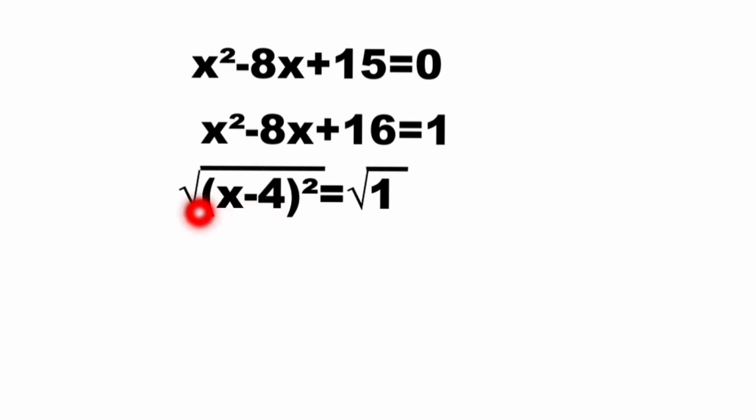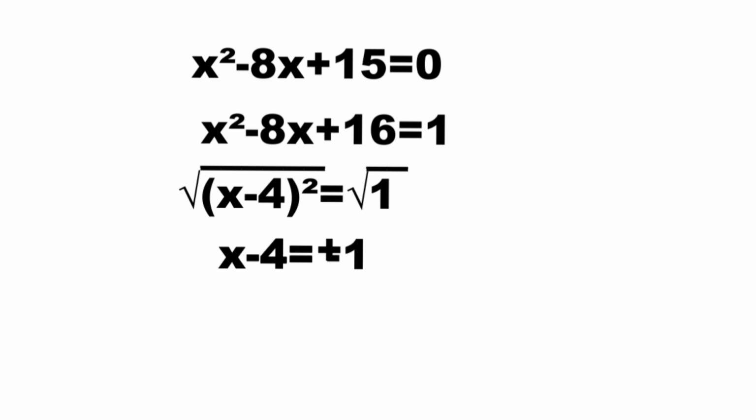The square root on this side cancels the square in x minus 4, and the right side is 1. So we have x minus 4 equals plus or minus 1.